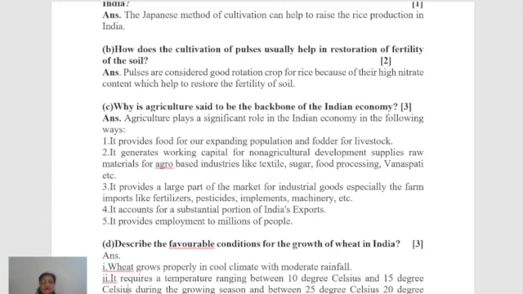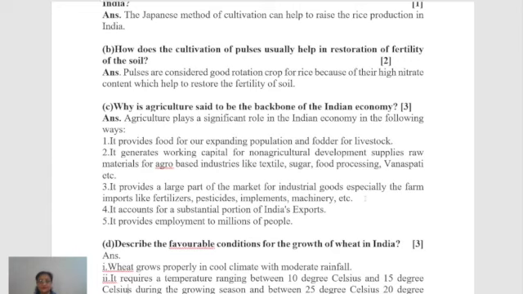Then the next point is it accounts for a substantial portion of India's exports. Yes, a large part of India's export is contributed by agriculture. Next, it provides employment to millions of people. Yes, because we have a large population, so the agriculture sector itself provides a large number of people employment in some way or the other.